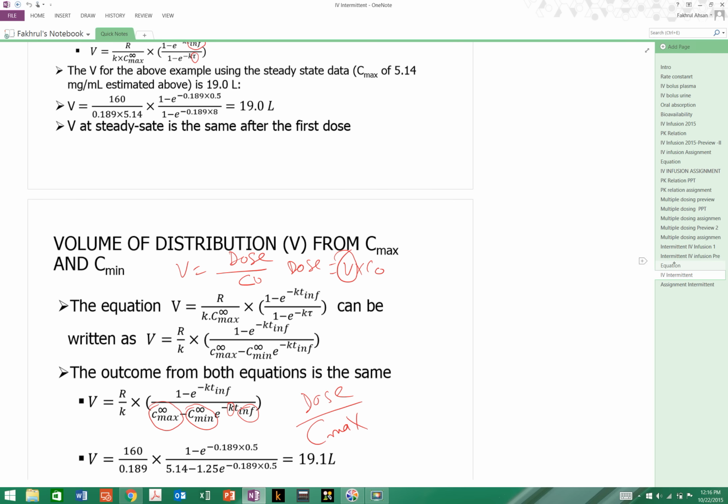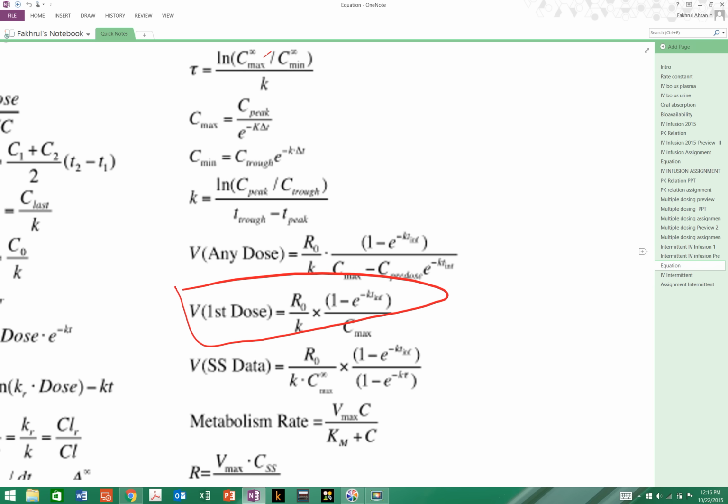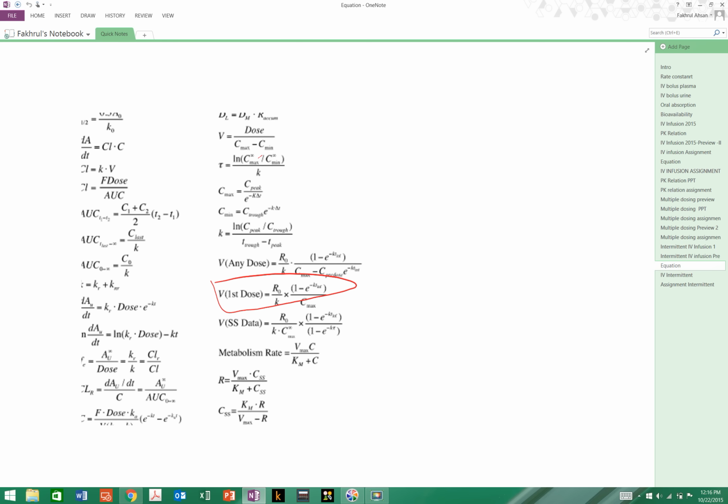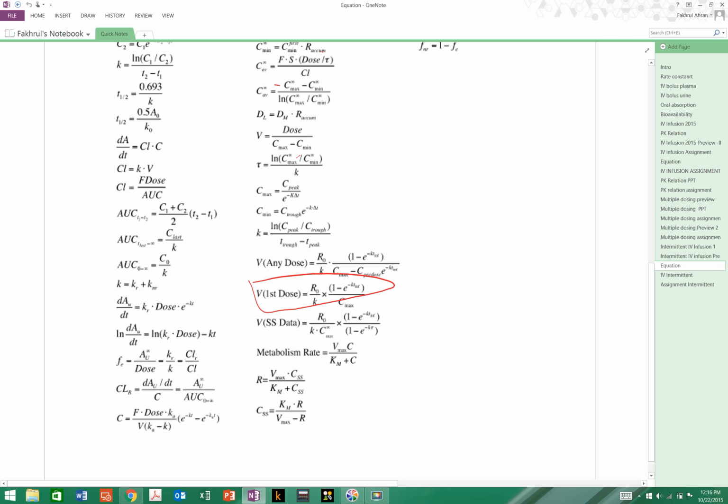What is the other equation? Negative K. VSS, steady state. What is that equation? Intermittent infusion.